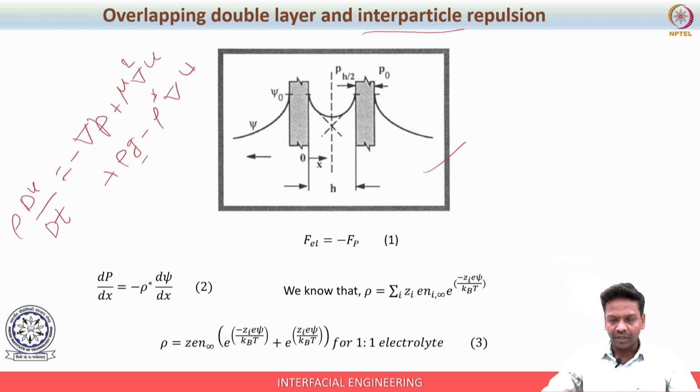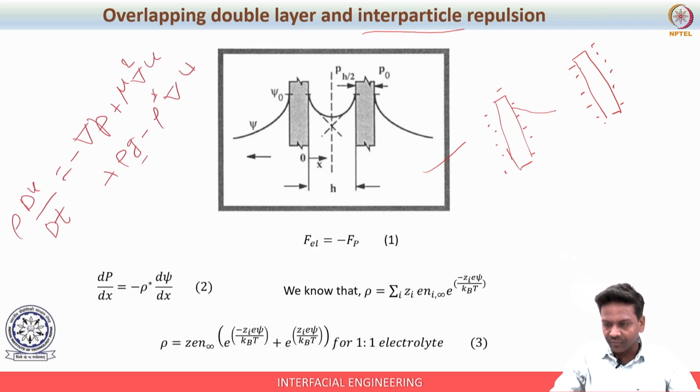Imagine you have a charged surface, let's say negatively charged, and another similarly charged surface, and both will develop the electrical double layer. It can be due to diffuse counterions, strongly bound counterions or weakly bound counterions, but there will be an electrical double layer between these two objects.